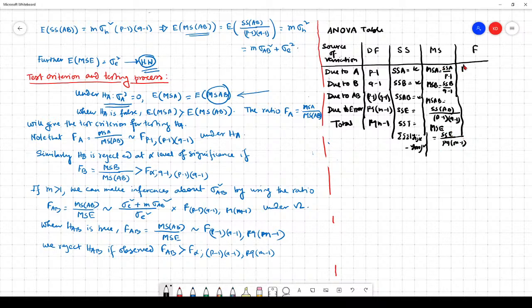F ratio, FA is equal to MSA by MSAB, FB is equal to MSB by MSAB, FAB is equal to MSAB by MSE.